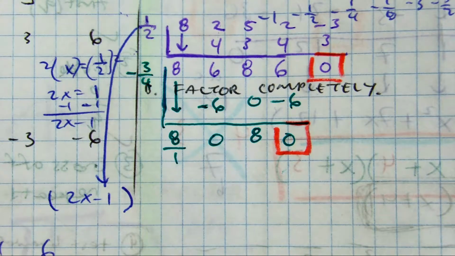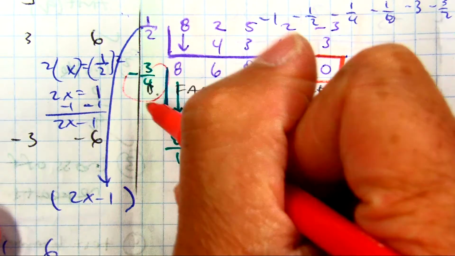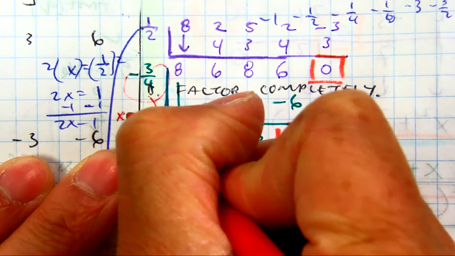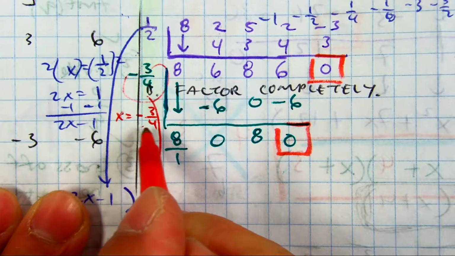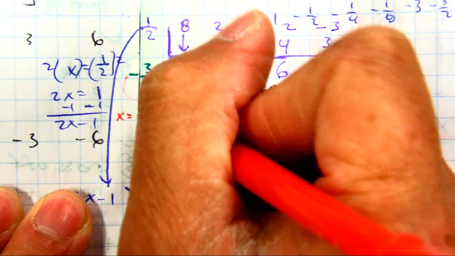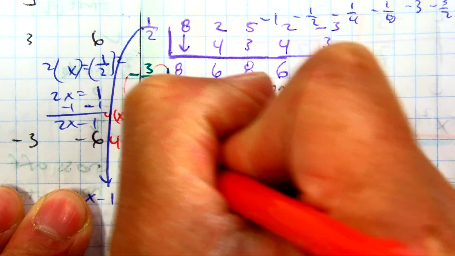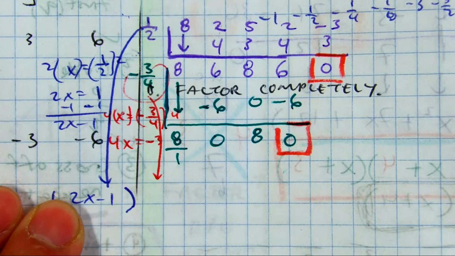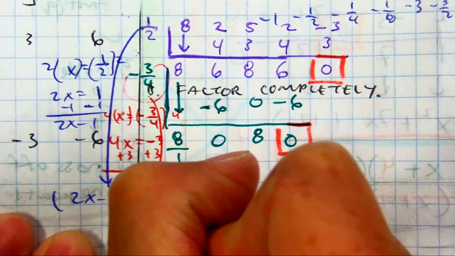How about negative 3/4? x equals negative 3/4. I want to set this equal to 0. How do I do that? Multiply both sides by 4. 4x equals negative 3. Add 3. 4x plus 3.